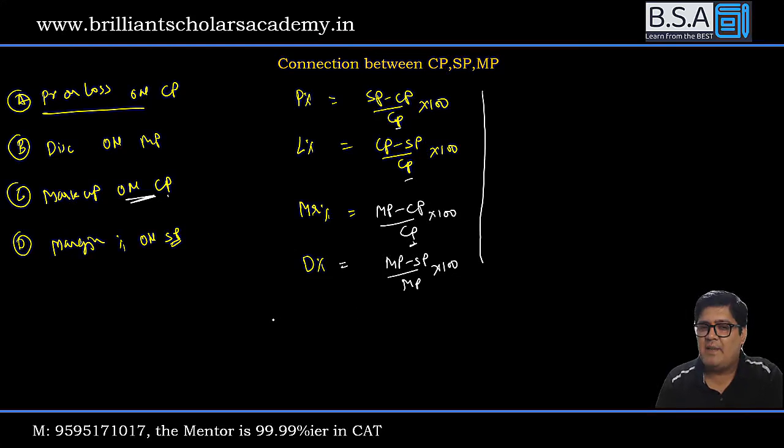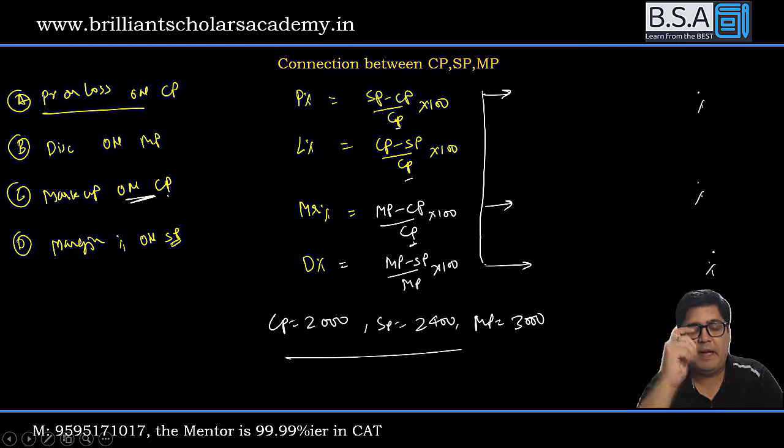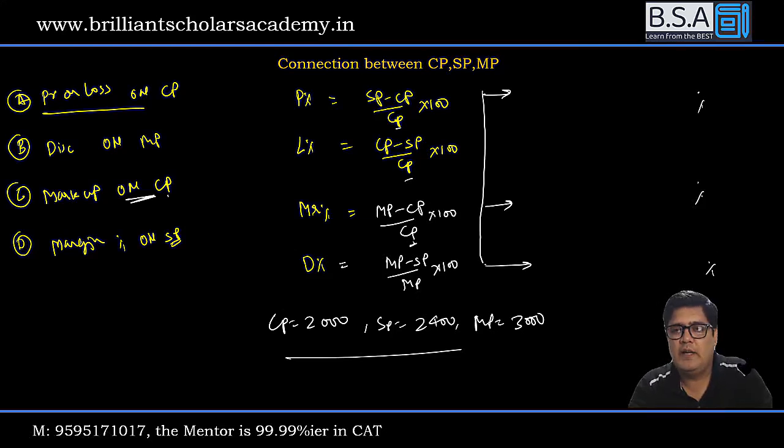For the last example that I covered, CP was equal to 2000, SP was equal to 2400, and MP was equal to 3000. Can you calculate profit percentage, markup percentage, and discount percentage for me? Go on. Comment your answers. Profit, markup, and discount. Go ahead. Copy down the information and comment your answers.